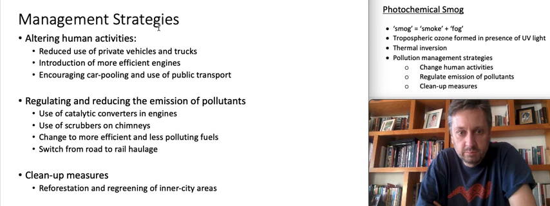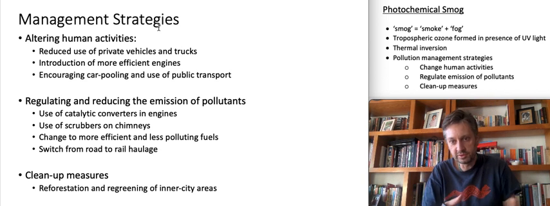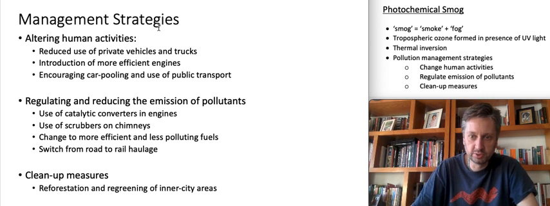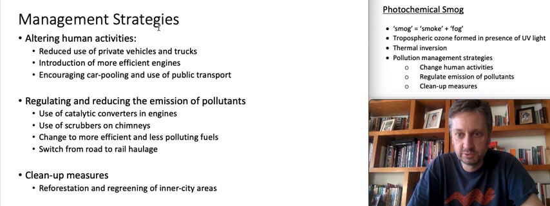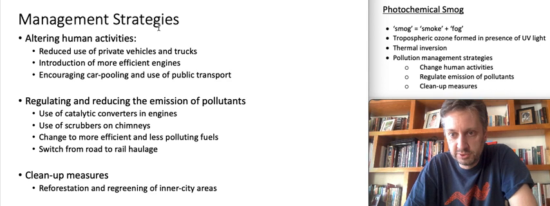Changes to make petrol certainly less polluting and more efficient fuels. One thing that could be considered by governments is to switch from road to rail haulage. That certainly produces less of these gases produced per tonne of cargo transported.